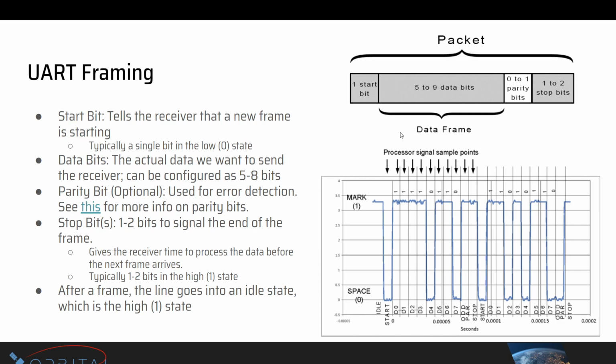Okay, so after the start bit, you send the 5 to 9 actual data bits. So this is the actual data you wanted to send, which can be configured as 5 to 8 bits. So if you had 8 bits and I wanted to send the letter H to George, H has, like I mentioned before, some kind of binary representation, which is 8 bits.